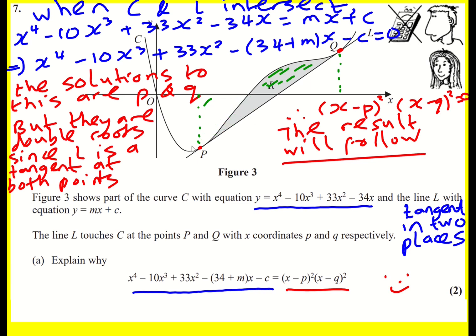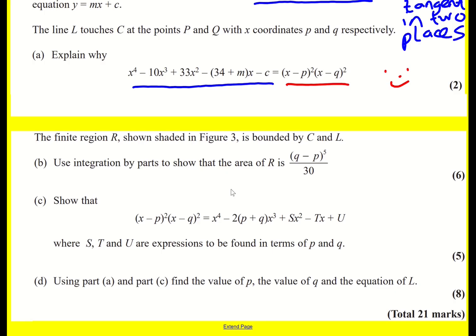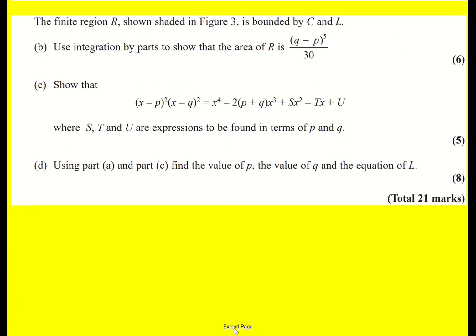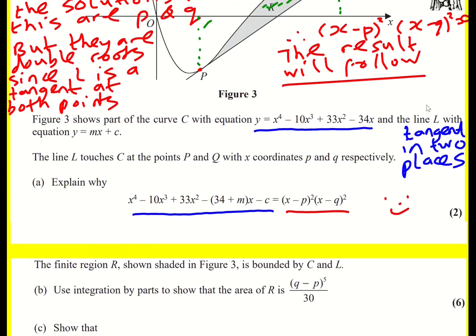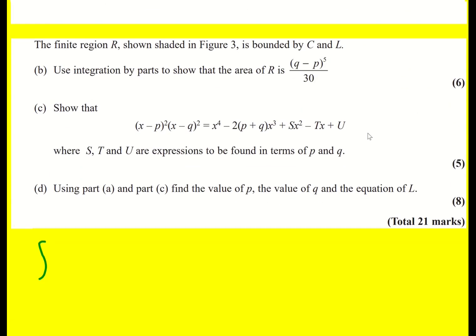And what I'm trying to convince you of is that we can do the following. We can integrate from, remember, we're integrating from P to Q, and it's going to be the curve minus the line with respect to x over the whole region.